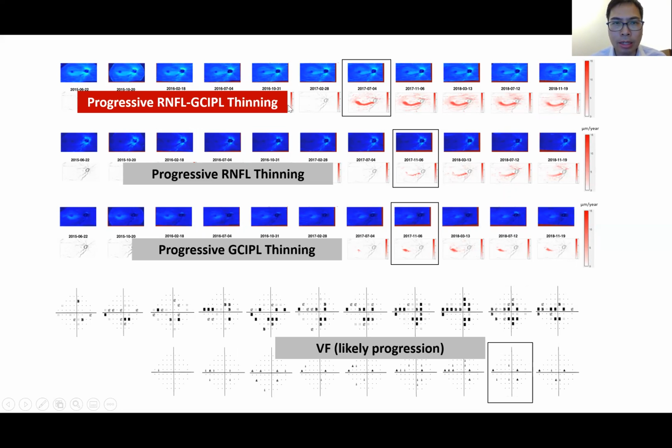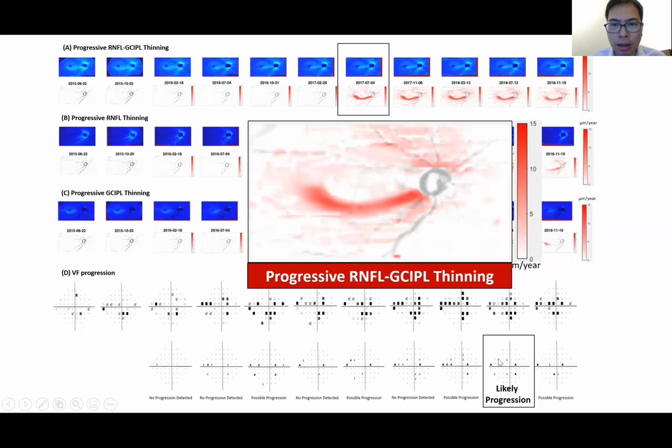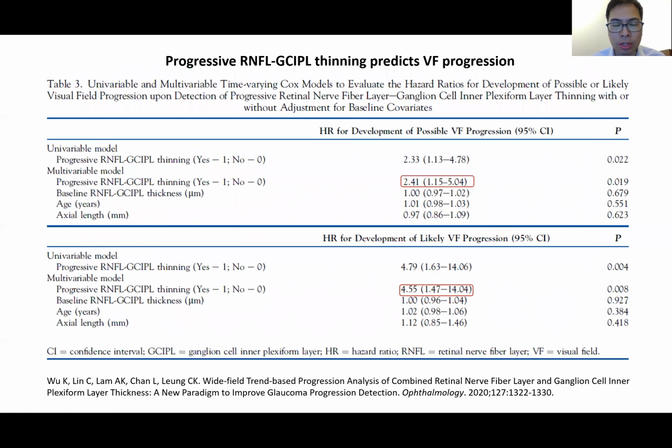We can detect combined RNFL GCIPL thinning first before we see change of the individual layer. More importantly, what we also witness here is that change of this structure occurs before change in the visual field. This is the rate map demonstrating to you again the inferior arcuate bundle shows the very fast rates of loss compared with the other region.